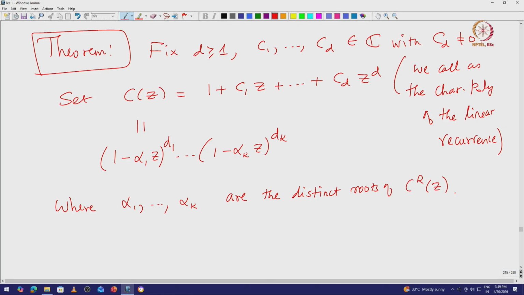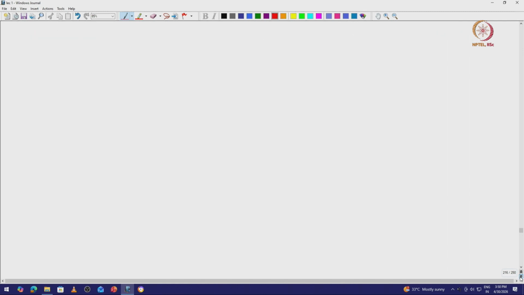Okay. So, now given this data we have the following conditions that are equivalent. For a counting function or arithmetic function f, which is defined from N to C, the following are equivalent. The very first statement says that we have a linear recurrence of order d.